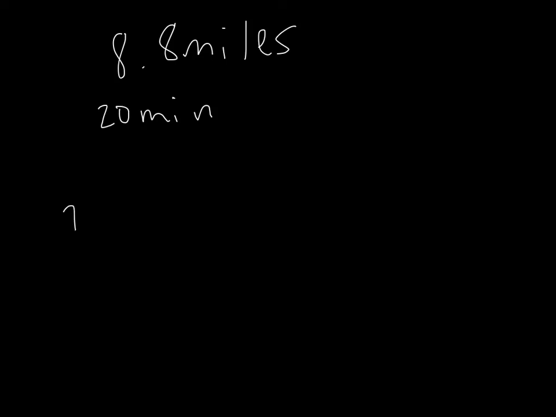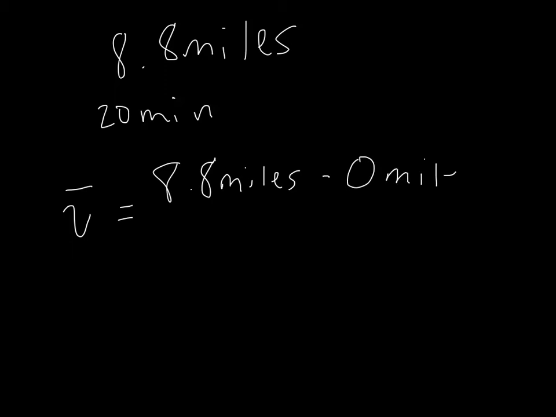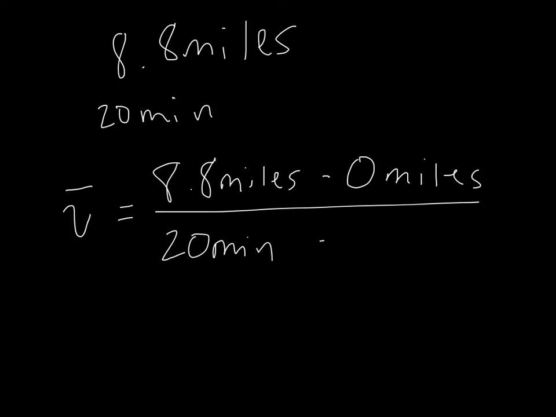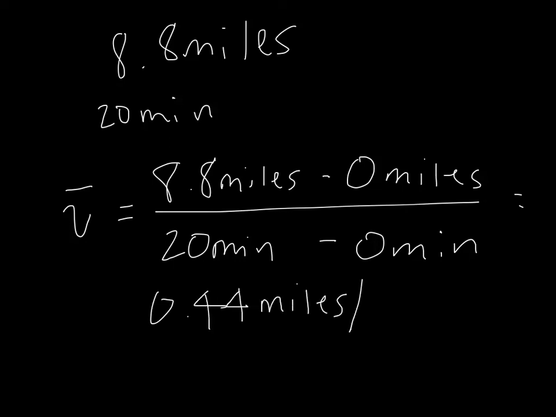So to find my average velocity, I went 8.8 miles, and I started at my house, so 0 miles minus 0, and it took me 20 minutes, and when I started I was at 0 minutes. So I went 0.44 miles per minute, or if you do the conversion, is 26.4 miles per hour.